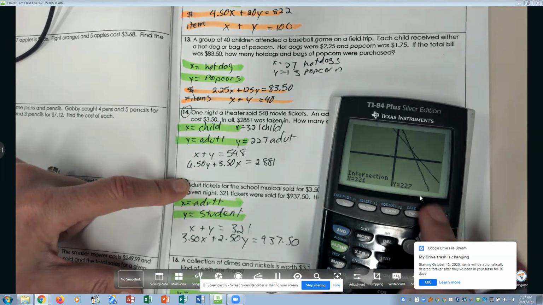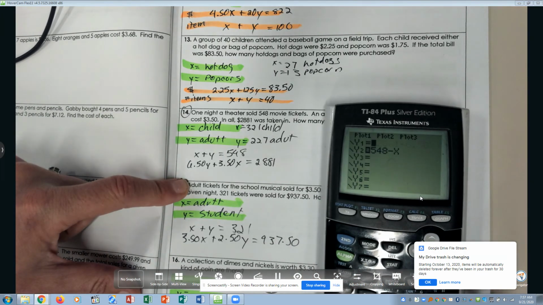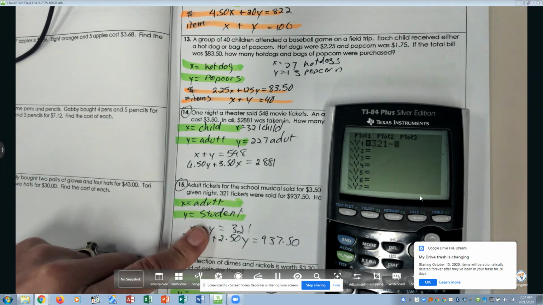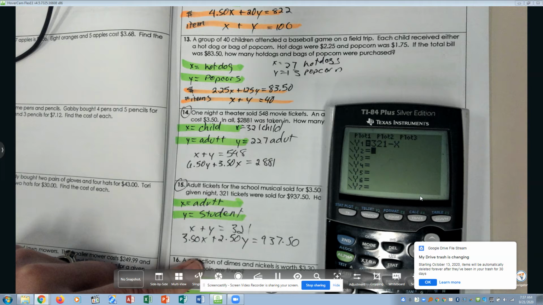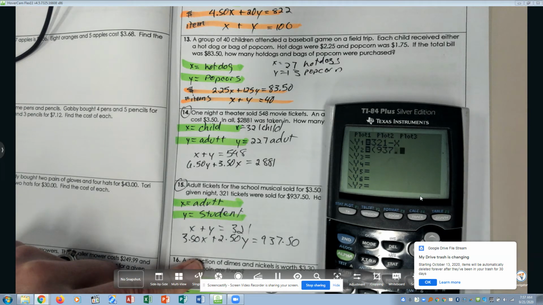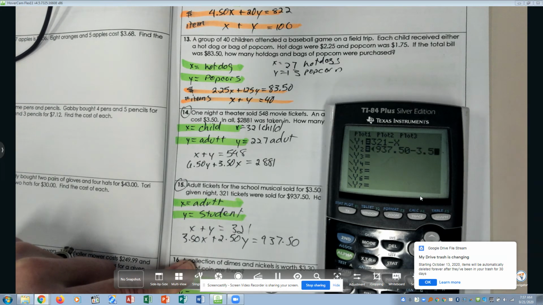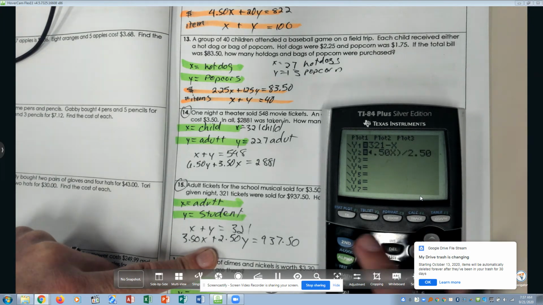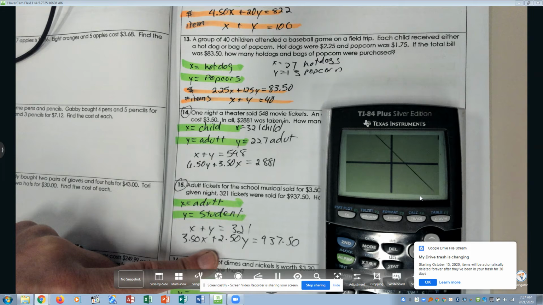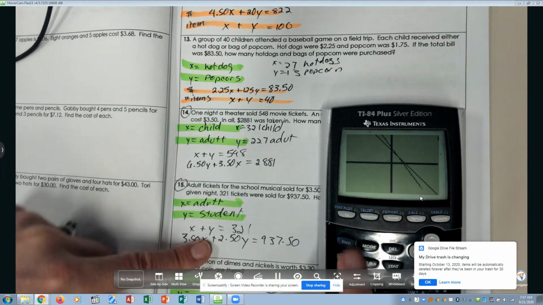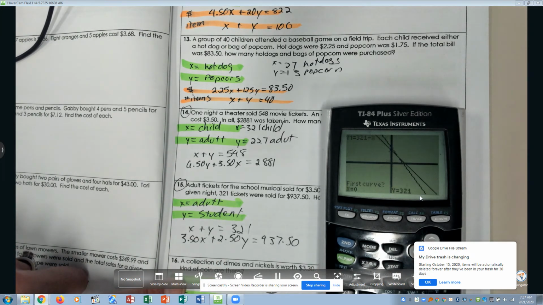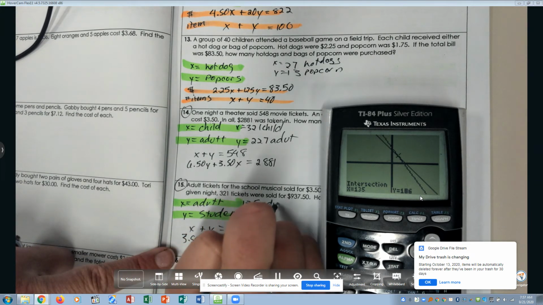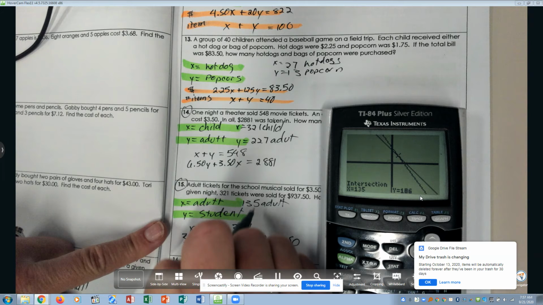So, oops, clear these. 321 minus X, and then 937.50 minus the X term, divide by the coefficient of Y. All right, let's see if we can see it. We can. So second calc, 5, enter, enter, enter. So 135 adult and 186 child.